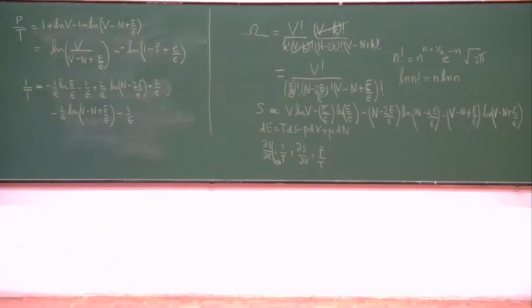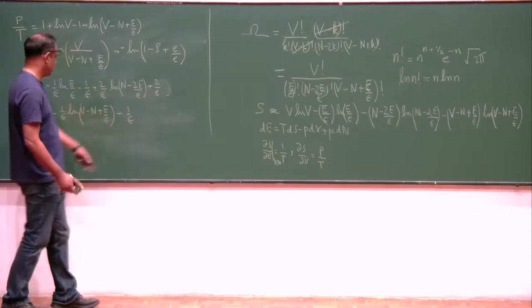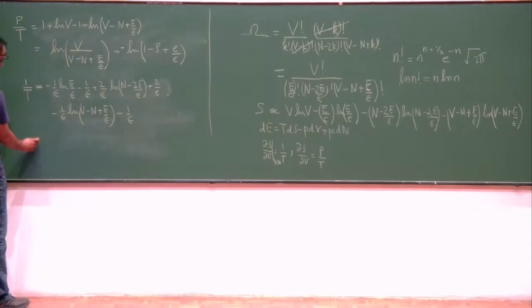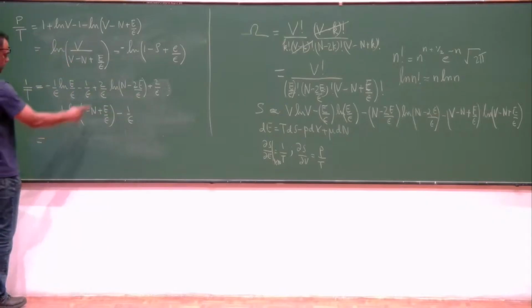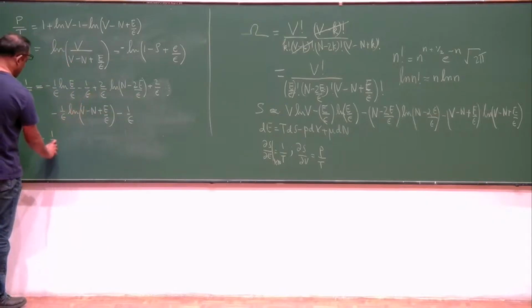Okay, if I have done correctly, that is the answer. So immediately all these constants go away, the non-logarithms go away, and you're left with 1 by epsilon times log.